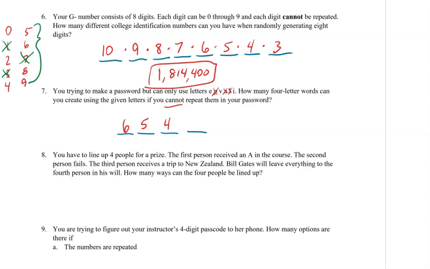Let's say we used L, and that leaves 3 for our last spot. So we're going to go ahead and multiply all of these together and get 360. That's the number of ways that we can make a 4-letter password using those letters.